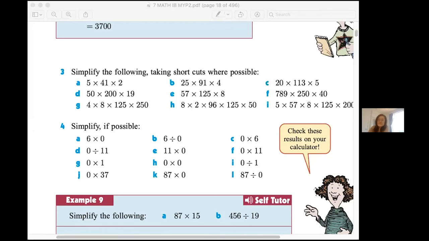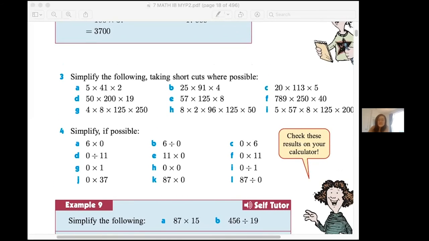Wait, which one? The example 9? Yes, example 9. Oh, and I see Nathan chat with me.